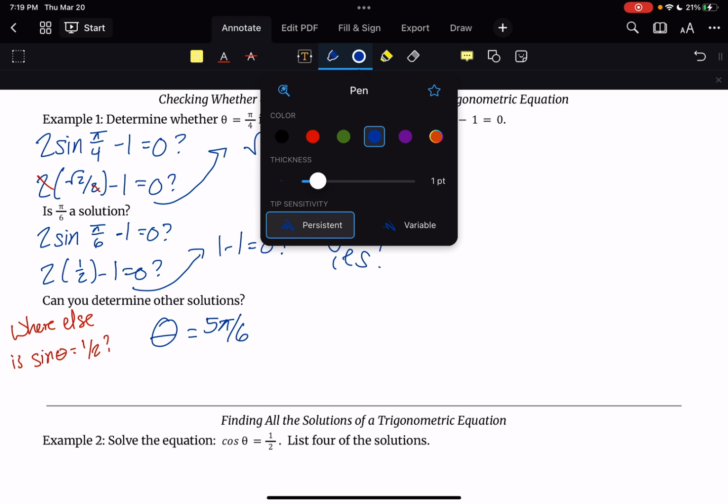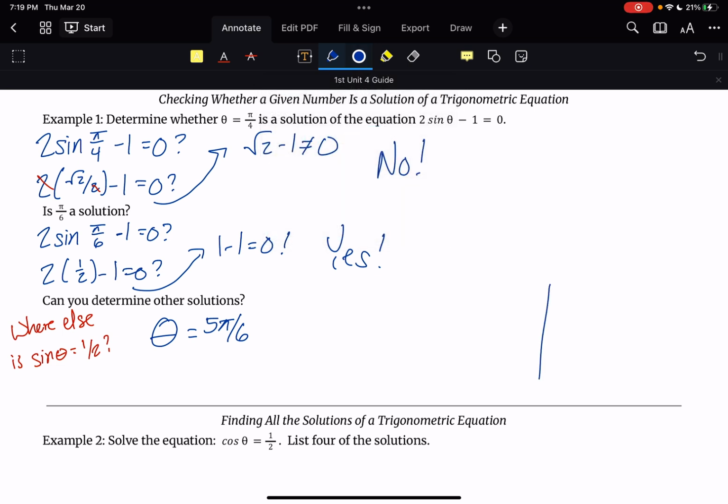Now, if I think about writing these solutions generally, I have a solution of pi over 6. I know that that is that rotation, but I could also go around another full rotation and end up in the same spot. So another solution would be 13 pi over 6, because that's adding 2 pi. I could do the exact same thing with 5 pi over 6.